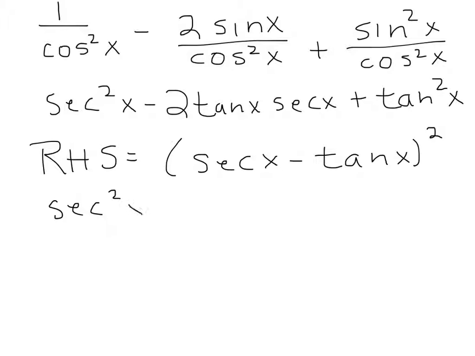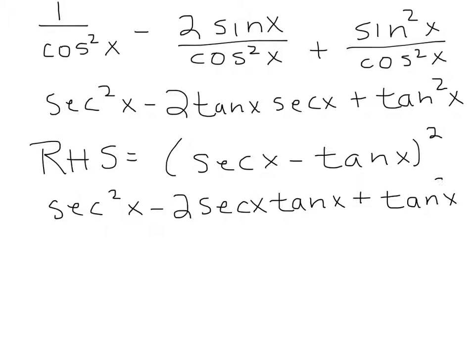Inners and outers gives me 2 times the first term times the second term, plus the second term squared. And now my left-hand side is equal to my right-hand side, and I have verified the identity.